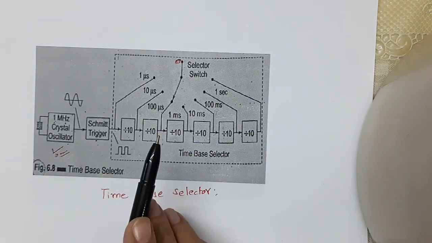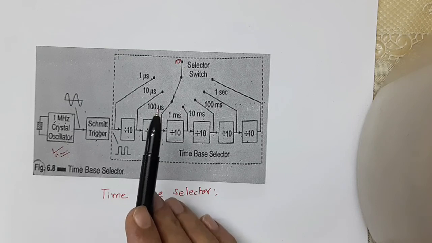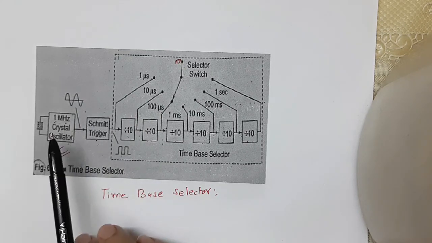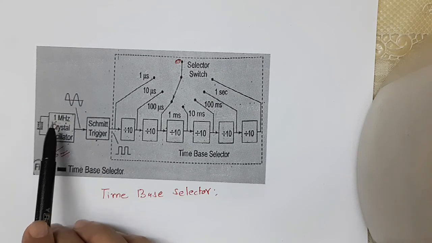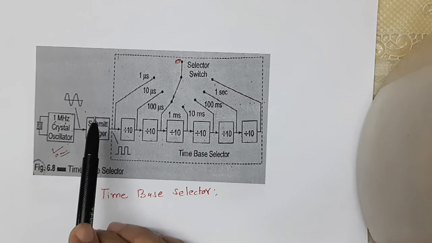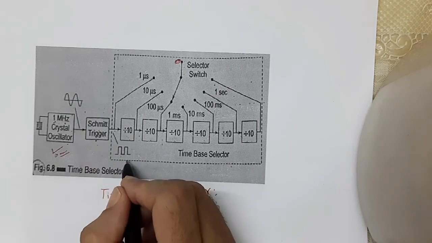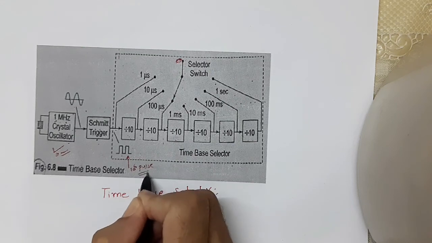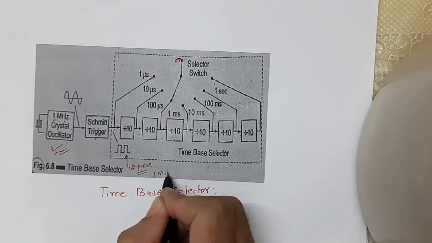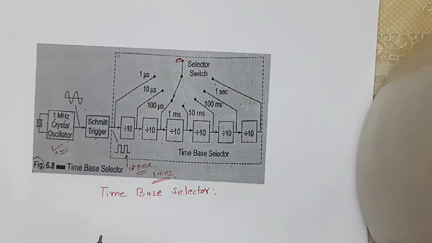The circuit consists of a clock oscillator, this is your clock oscillator, having a frequency of 1 megahertz. The output of the Schmitt trigger is 10 raised to 6 pulses per second, that means 1 megahertz, and this point corresponds to a time of 1 microsecond.